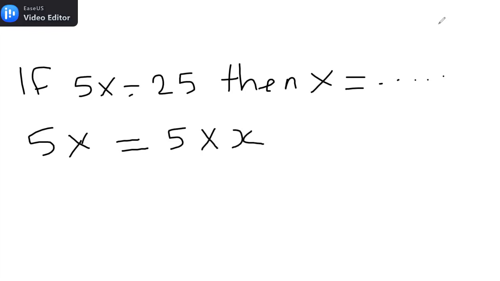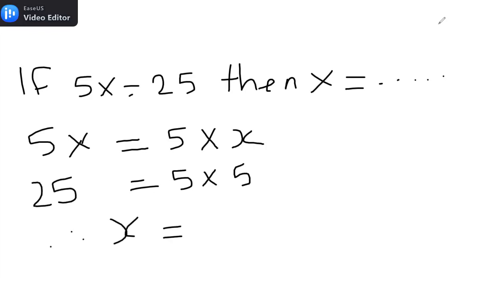So we can ask ourselves, what number multiplied by 5 gives us 25? Then x equals 5.